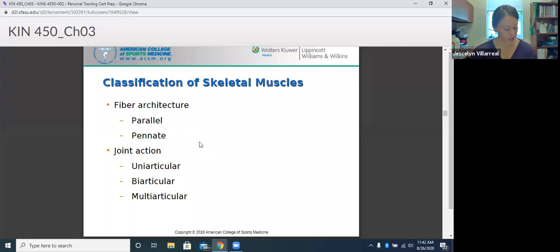Uniarticular is a muscle that causes movement at one joint. Your example would be your brachialis, movement at one joint. So we can say bicep curl. Okay. So classification of skeletal muscles is by fiber architecture and joint action.